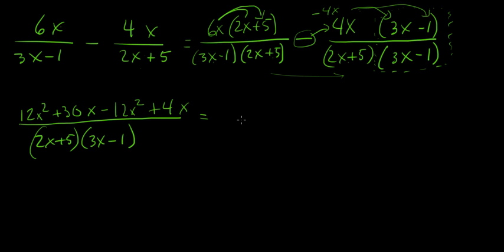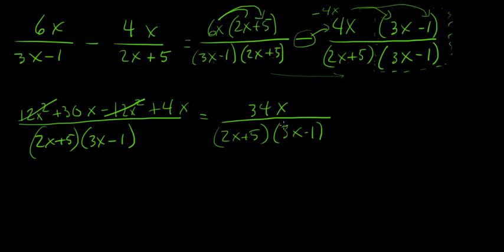So of course I can simplify this top. 12x squared and negative 12x squared cancel. And 30x plus 4x equals 34x over 2x plus 5 times 3x minus 1. This is actually as far as I can go.